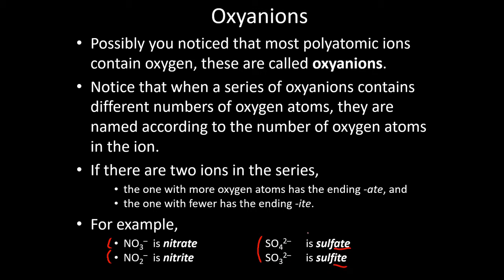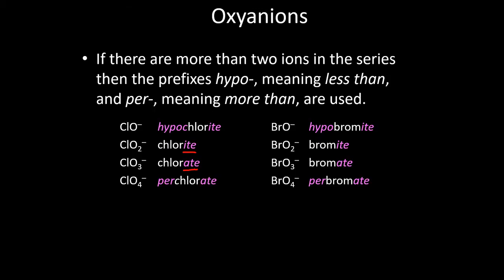Now notice I'm saying more and fewer. I'm not saying the one that has 4 oxygens ends in ate and the one that has 3 oxygens ends in ite, because it's different over here. Here, we have 3 and 2, not 4 and 3. So it's not tied to a number, it's just tied to which one has more, which one has less. If you have a larger series, like we have here with the chlorine and the bromine, then we add on a prefix.